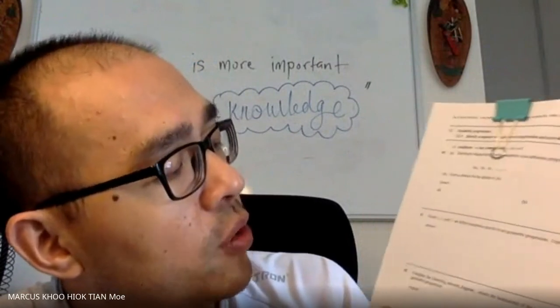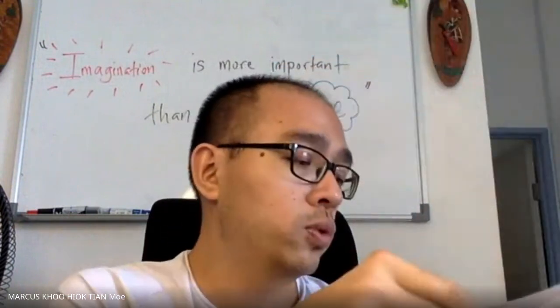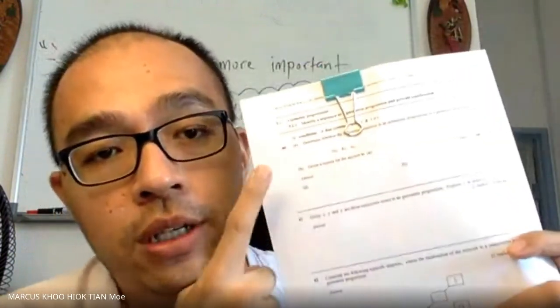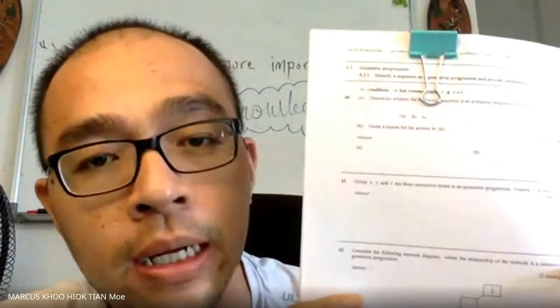I want you to answer question number 40 and 42 only. Answer questions 40 and 42, and then you scan or take a photo of this, and send it into the Telegram group.